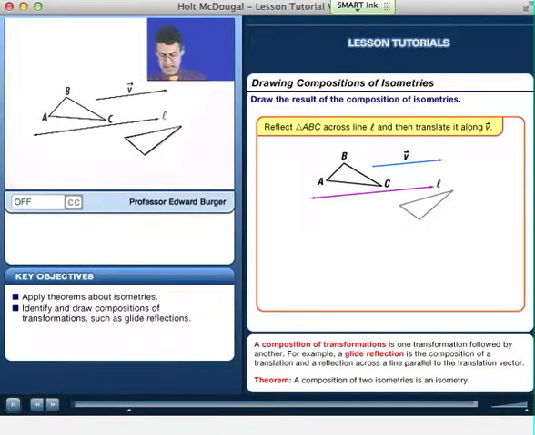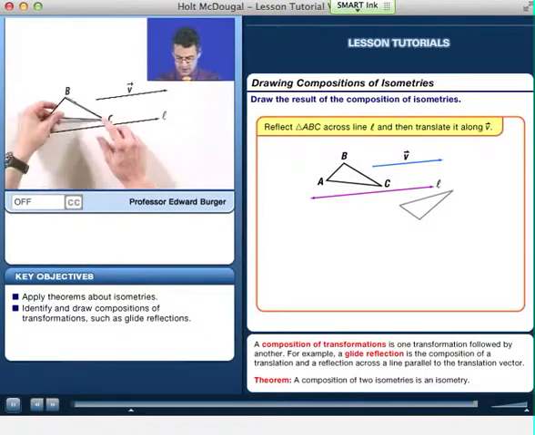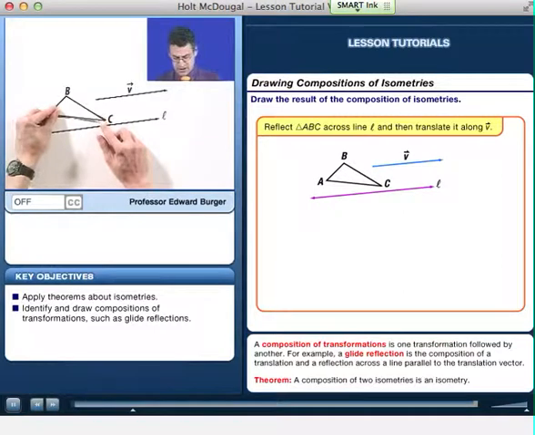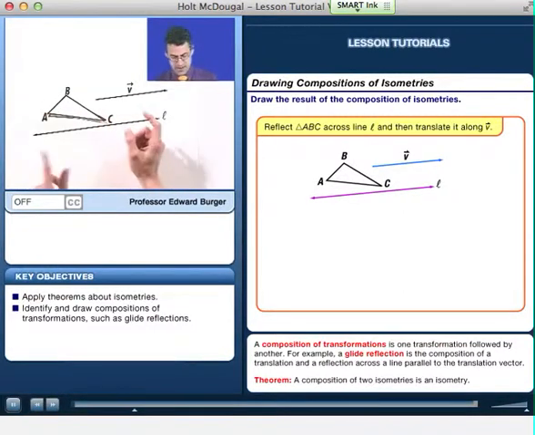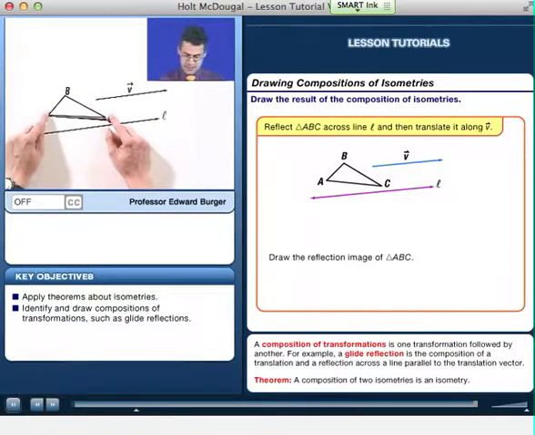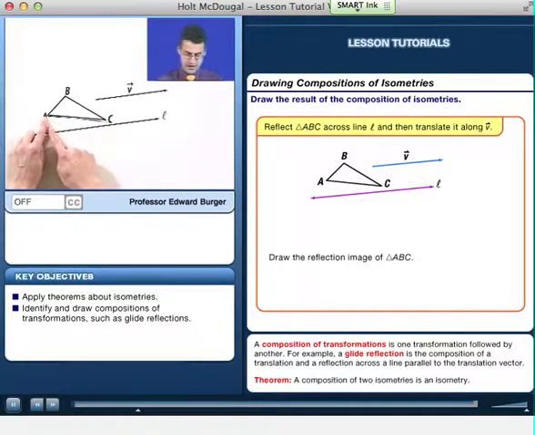Let me just make sure that we see how we got it. So we started over here. To reflect it, remember how you actually reflect over a line really fast. Let me just remind you. For every single point, you've got to find the point that's exactly opposite of that line. To find where A gets mapped to, the image of A, you would draw a line that's perpendicular to the line L that passes through A. So imagine a perpendicular line that goes right through it.